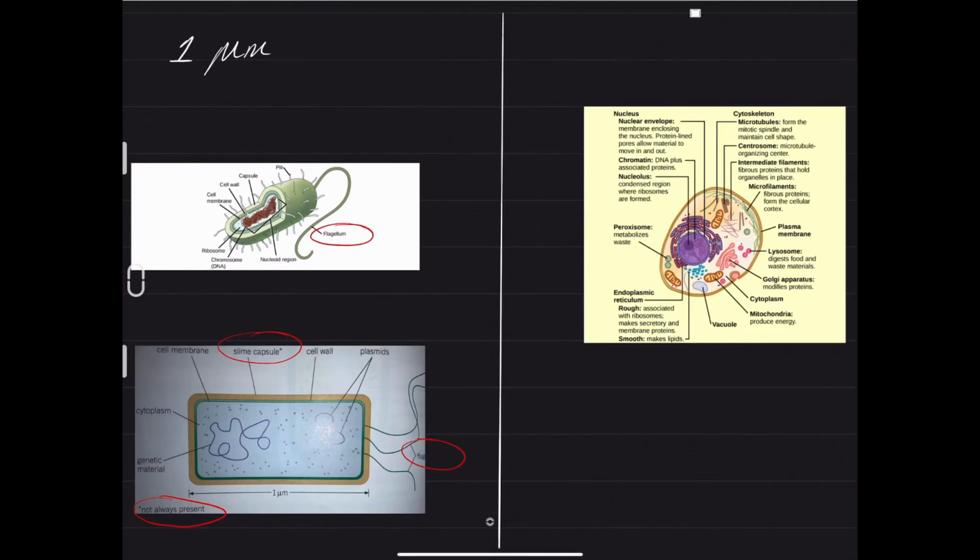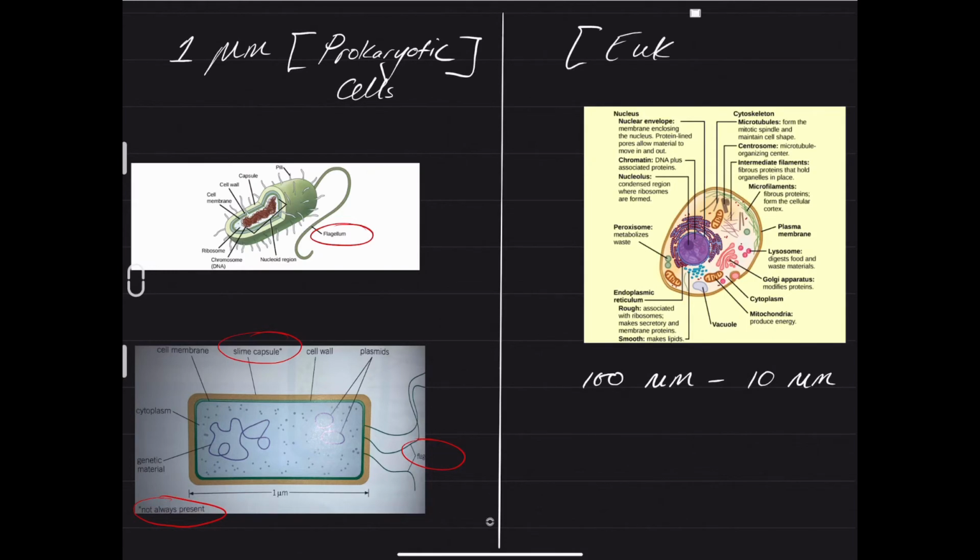Now, your eukaryotic cells are approximately between 100 micrometers to 10 micrometers. So you've got a clear distinction in terms of size between your prokaryotic cells and your eukaryotic cells. So if I just put here, prokaryotic, so these are prokaryotic cells and these are eukaryotic cells.